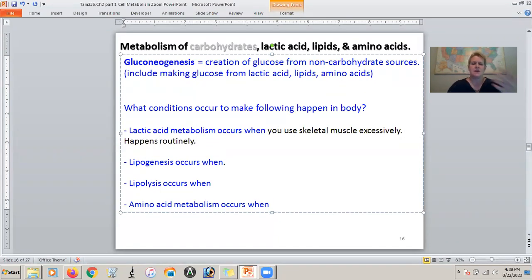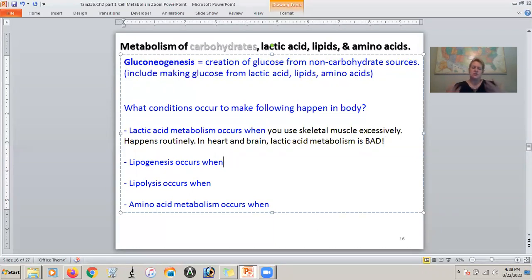Now in some cases, in heart and brain, we talked about that in an ischemic event. But skeletal muscle is not such a big deal.